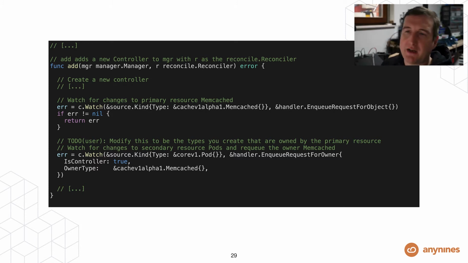In our Postgres example, the primary resource would be a Postgres object that accepts the two attributes replicas and Postgres version, and will translate it more likely into secondary resources such as a service as well as a stateful set.